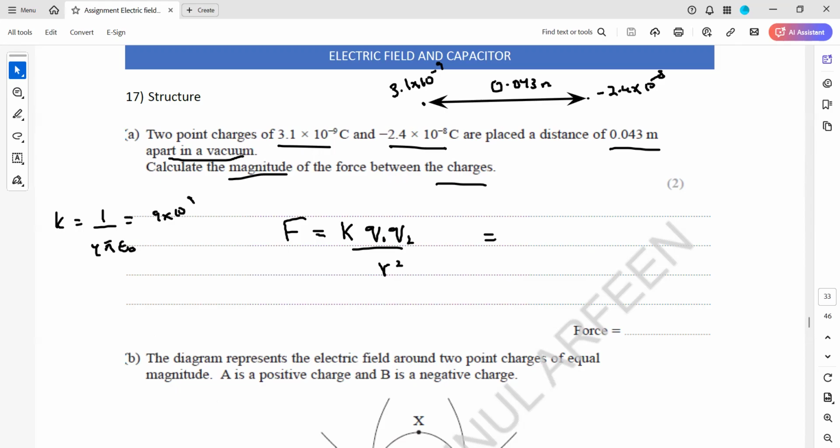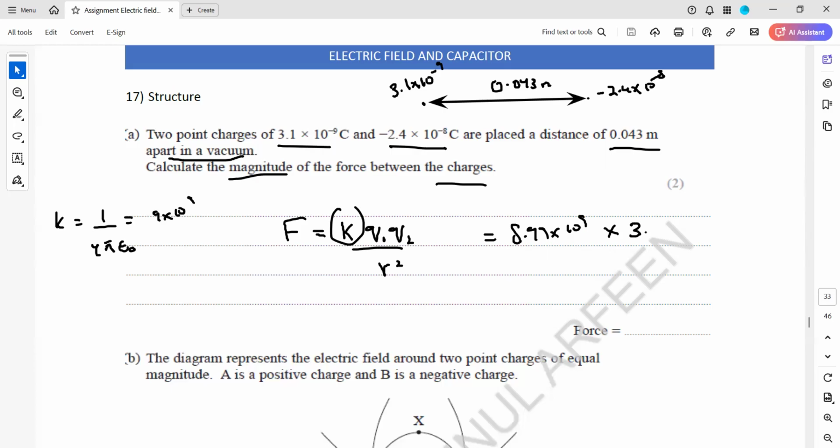One of the charges is 3.1 into 10 to the power minus 9 coulomb, and the other is negative. The negative sign shows that the two charges are opposite, so they will try to attract each other. The exact value is 8.99 into 10 to the power 9, or you can substitute 9 into 10 to the power 9 in place of K.